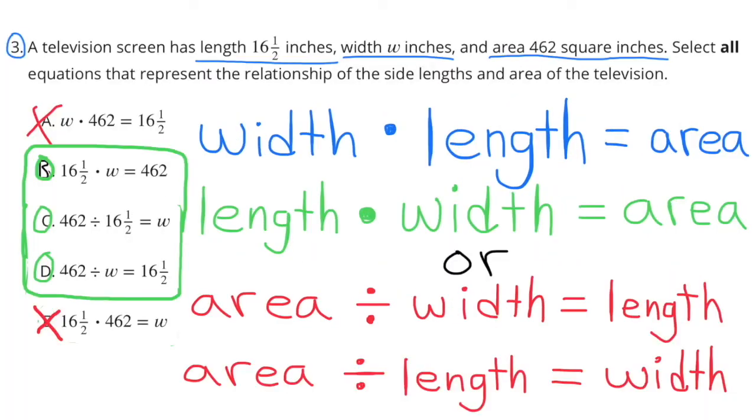B. 16.5 times width equals 462. C. 462 divided by 16.5 equals W. D. 462 divided by W equals 16.5.